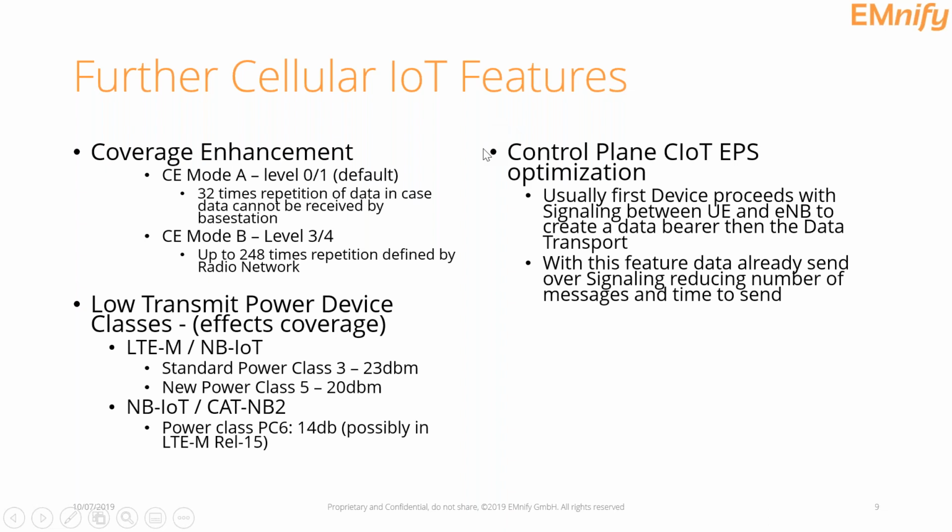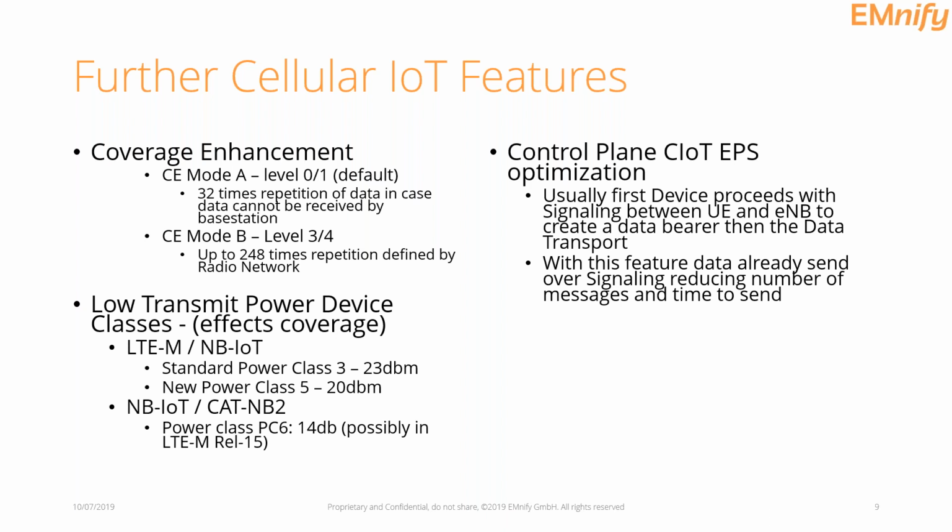A last feature I'm going to present is the control plane optimization. Oops, my graphic is missing, so I'm just going to do it verbally. Basically, if a device connects to the network, usually it first does a signaling connection and then sends data over a data path.